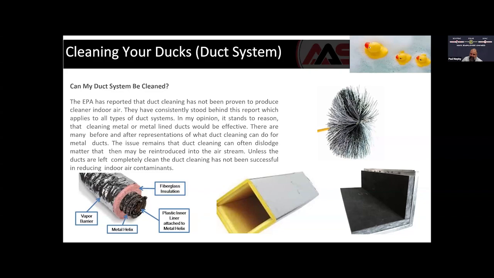Basically, that plastic liner becomes super brittle, and that brush is very violent and very abrasive, and it can tear that liner, exposing the fiberglass. And fiberglass is not something that you want floating around in your air system. It is cancerous. You don't want that in your airstream, so we want to make sure that fiberglass stays out of the airstream and stays stuck to the ductwork and not part of the air that you're breathing.